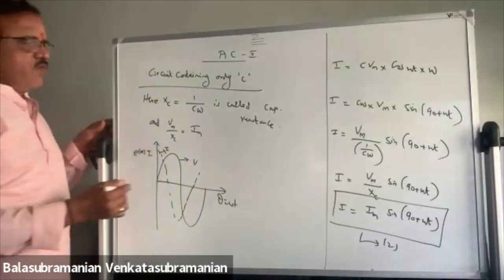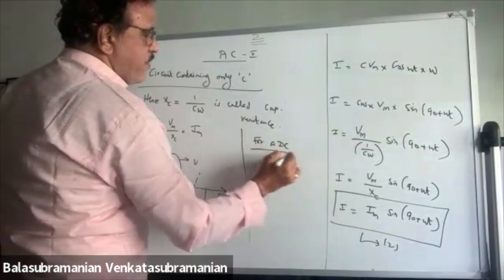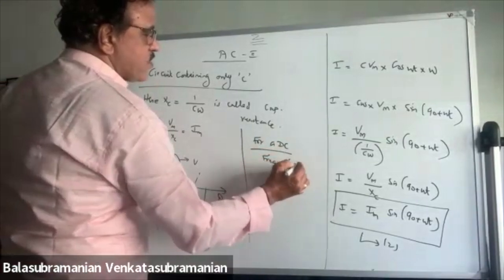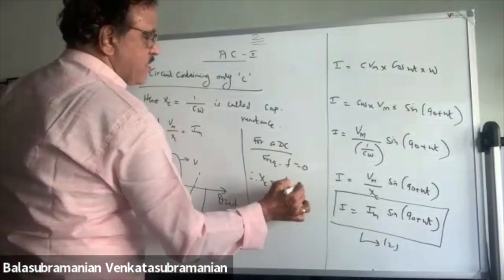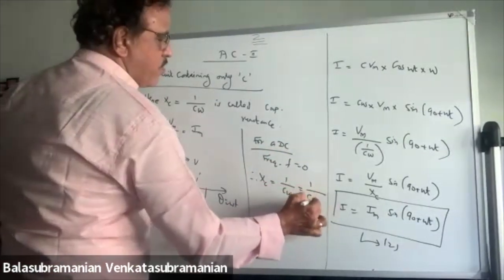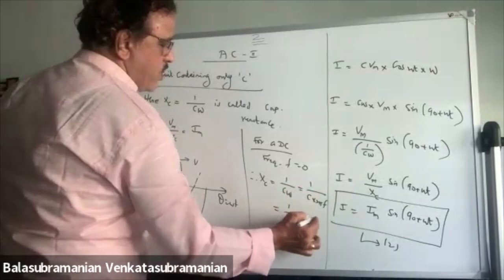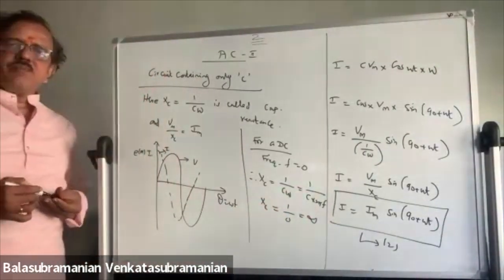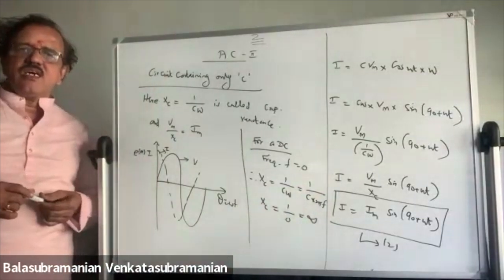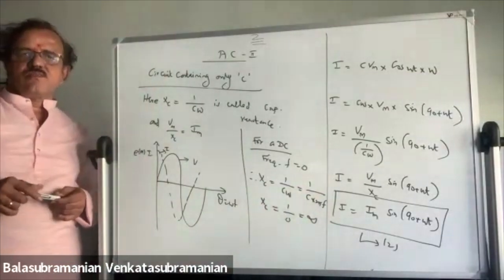For a DC, frequency f is equal to 0. Therefore, Xc is equal to 1 by C omega, 1 by C into 2 pi f, 1 by 0, that is infinity. That means for a DC, the capacitor will give infinite resistance.